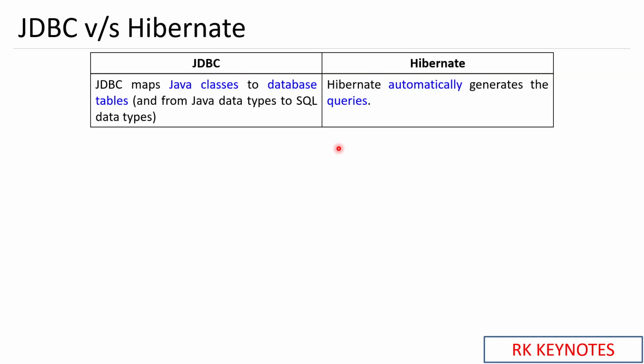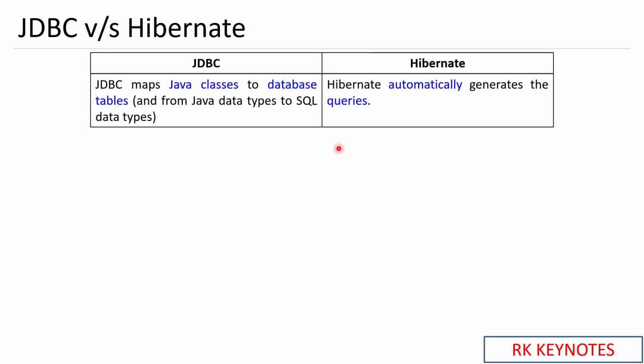All right. Now the difference between JDBC and Hibernate. JDBC is Java Database Connectivity. Until now, in the four modules we have discussed, that is JDBC concepts, then Swing concepts, then servlets, and then JSP. Throughout these four modules, we have used JDBC connection, right?